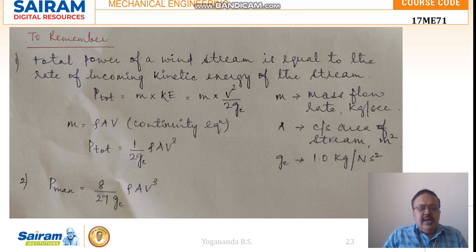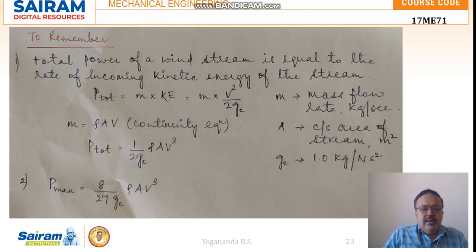It is the product of mass flow rate and kinetic energy. The mass flow rate, in kg per second, is calculated using the continuity equation: m = rho A V. The kinetic energy is V square by 2gc, where gc is 1 kg per Newton second square.